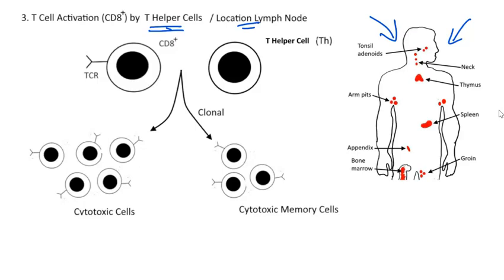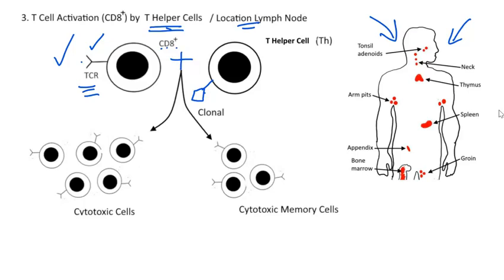So our CD8 T cell, T lymphocyte if you prefer, with its very specific T cell receptor, goes into the lymph node and comes into contact with a very specific T helper cell with a corresponding receptor, which can be detected by the CD8 cell.